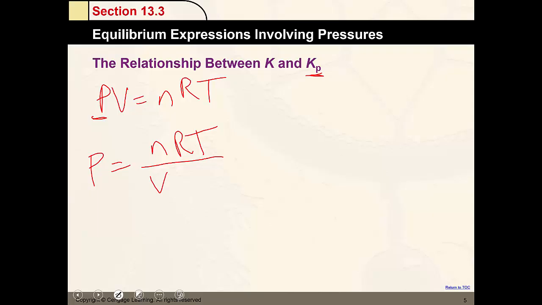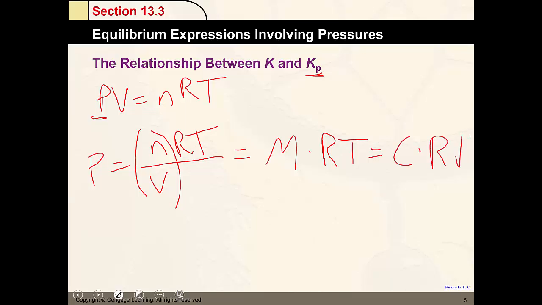And we know here, if we concentrate on this first part, what is n over V? Moles over volume measured in liters. So moles over liters, that's our concentration, which is measured in molarity. So we can think about this in terms of molarity times R times T, or we could represent that molarity by just a general term of concentration, C.